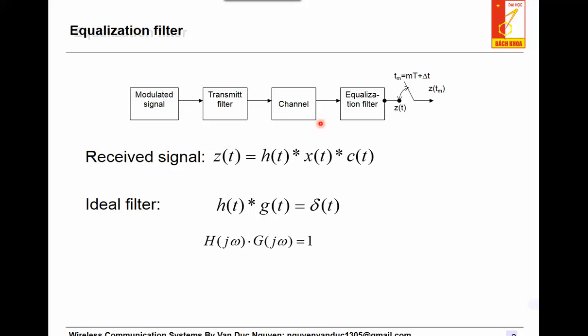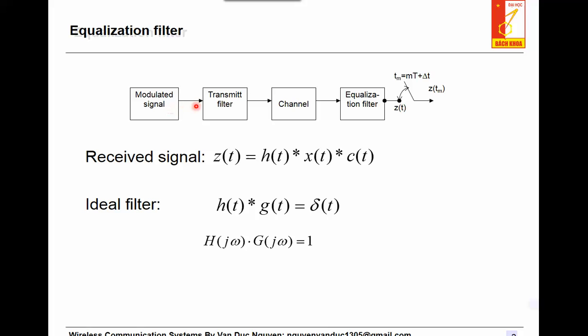We know from my previous lecture that we have the following important components in a digital communication system. We consider a modulated signal, the signal that has been modulated and should be transmitted to the channel.